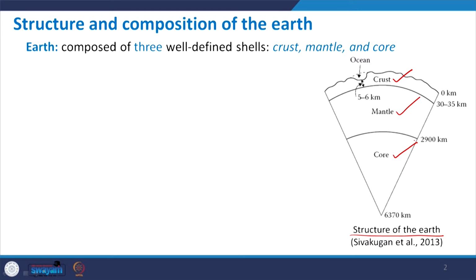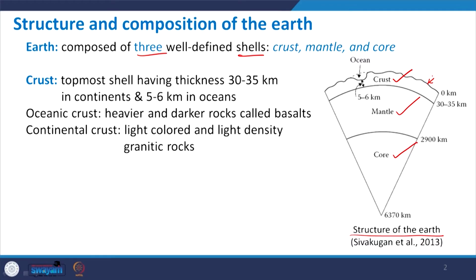So basically these are three well defined shells that the earth is composed of. Let us have a look at the properties of these three one by one. So coming to the first one, that is from the surface of the earth, the first one which is encountered is the crust.